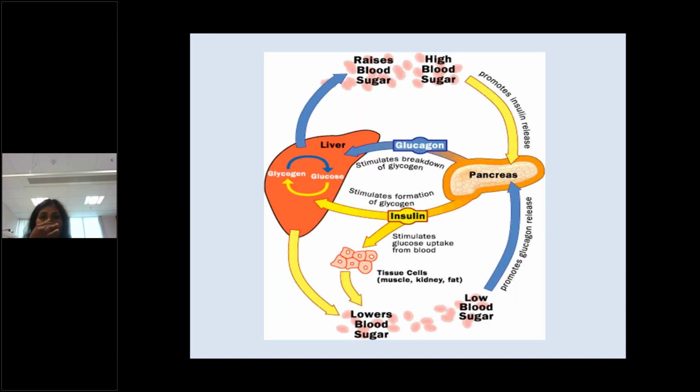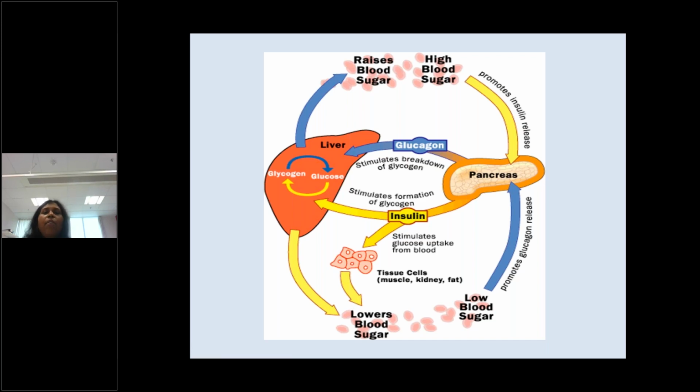So what happens is, as it's nicely shown on this cartoon, we have a high glucose meal and our blood sugars are high, and that promotes, I wanted you to follow the yellow arrow here, the insulin release from the beta cells of the pancreas, and that causes glucose uptake from the blood, and the remainder is converted into glycogen and stored, and thereby the blood sugar levels are lowered.